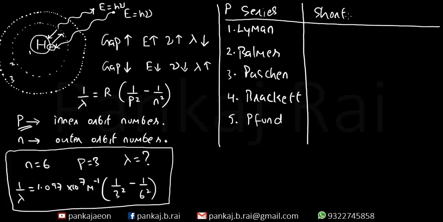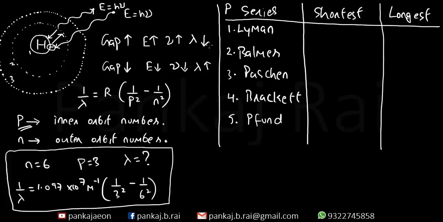Now what do we mean by the shortest wavelength, and what do we mean by the longest wavelength? Now we want the shortest wavelength, let's say of the Lyman series. Lyman series is when the electron jumps from a higher orbit to the first orbit.